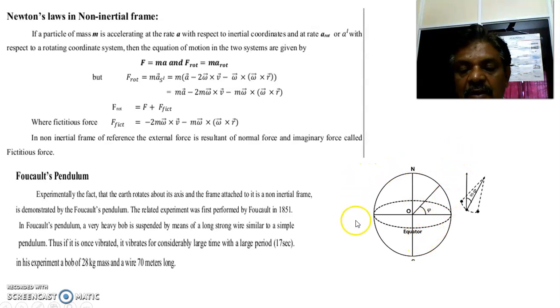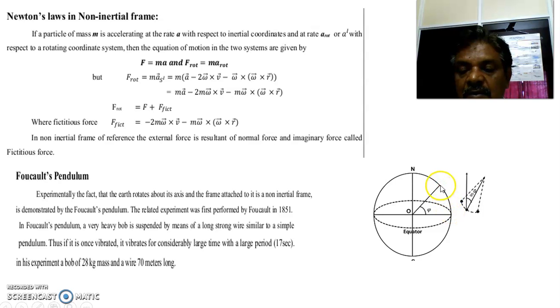As you know, the earth rotates from east to west in this circle, with the equator as an axis, with an angular velocity omega. Suppose the earth is rotating like this, and it is at an angle of phi from the origin, and this is the pendulum present here.